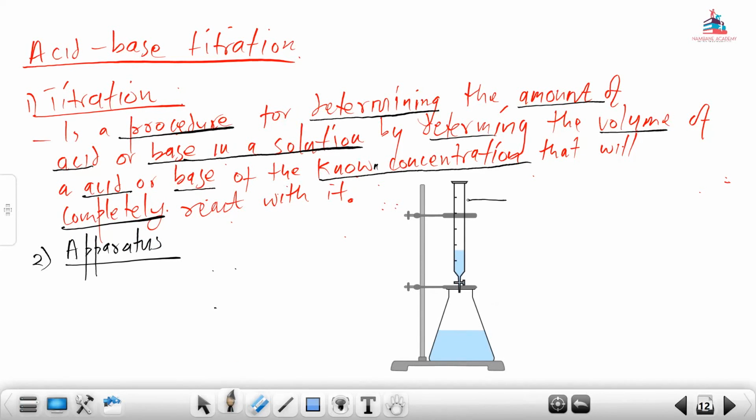This one here, we call it a burette. So basically a burette is the one that you can use in terms of measuring the volume that we are interested in.